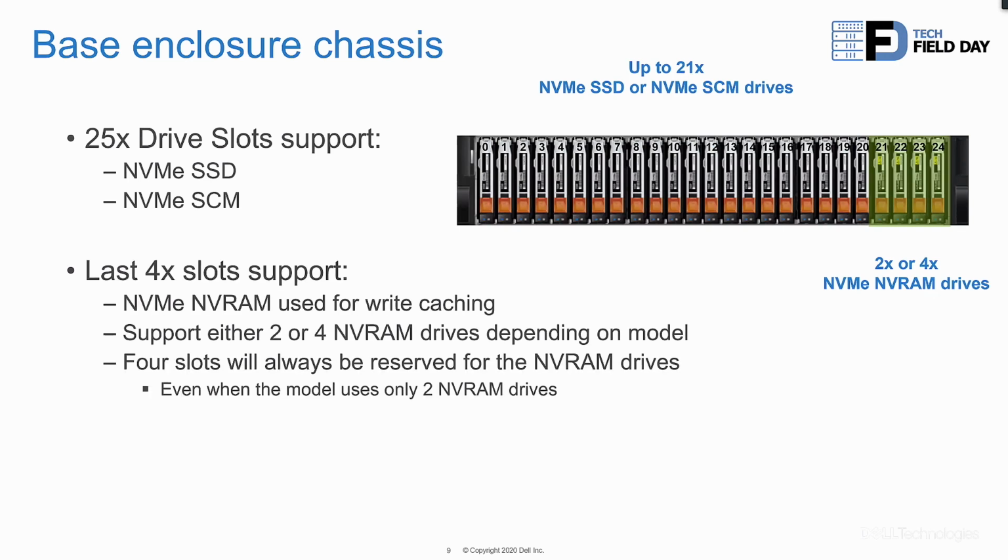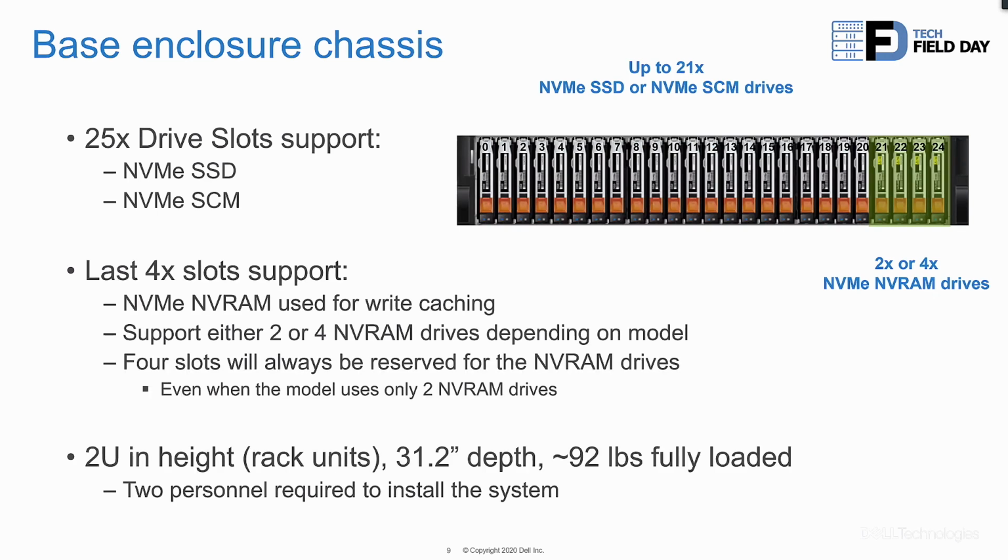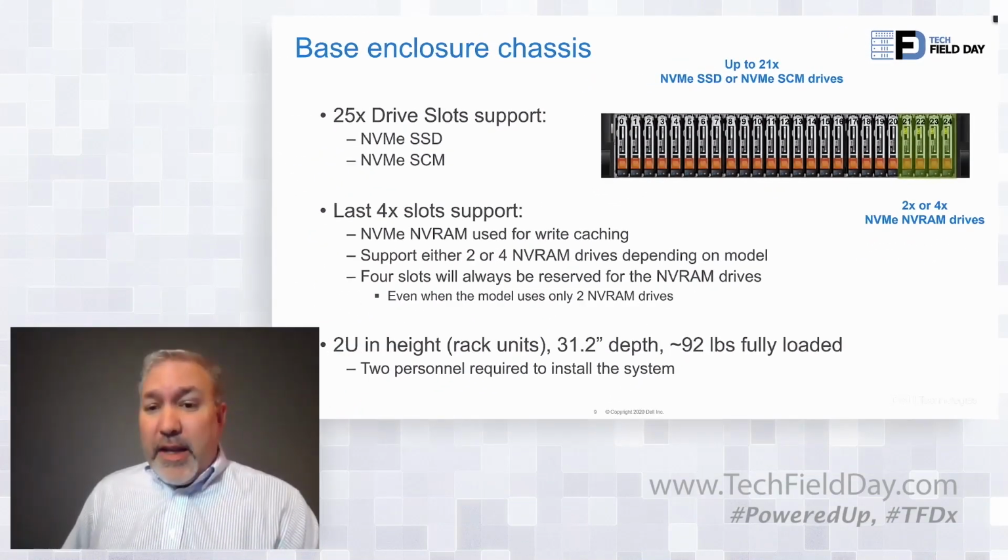Digging a little deeper, here are the NVRAM devices. Over on the right side, we have 4 of those slots, and we reserve them. Whether you're in a 1000 or a 3000 model, both T or X, it's the same.